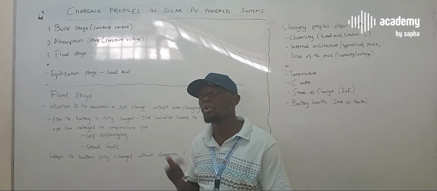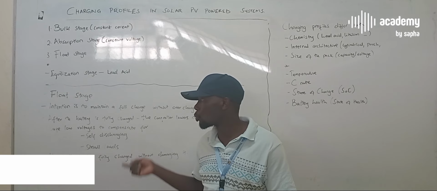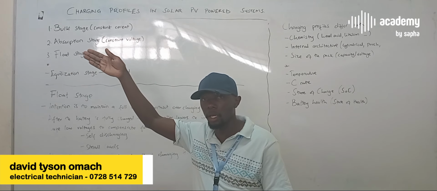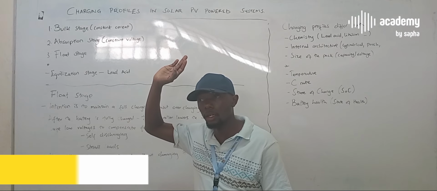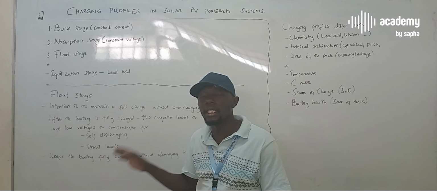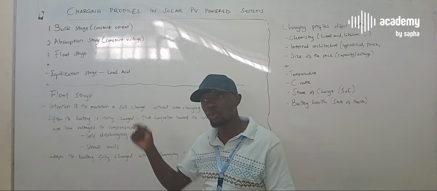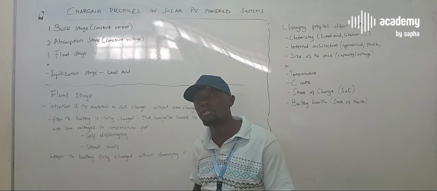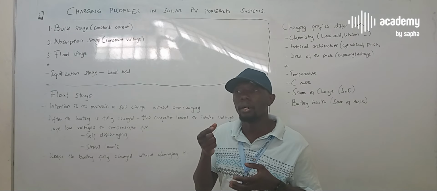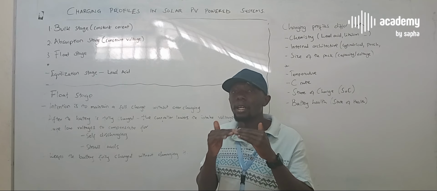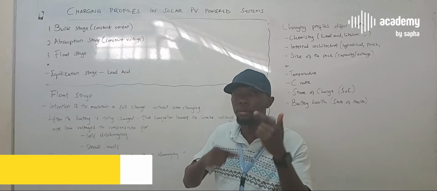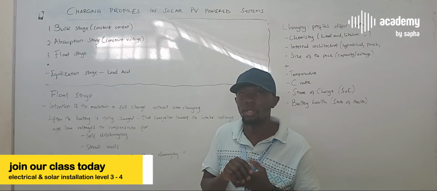But if the inverter or the charge controller is too primitive to notice this, it will cut off the source of charging power completely. Essentially, it's not supposed to cut it off completely. It's supposed to lower or reduce the charge voltage so that it's not coming in too much and the battery is maintained at that particular stage. So it will just be sending enough voltage and current to keep the battery active during that 100% SOC.